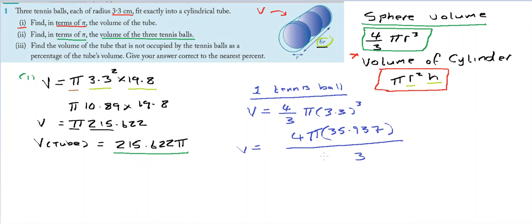So now we can multiply this number by this. We want to keep pi because we're writing everything in terms of pi.